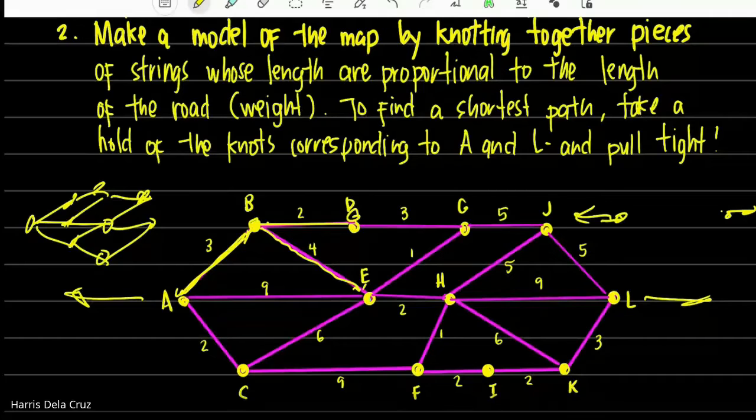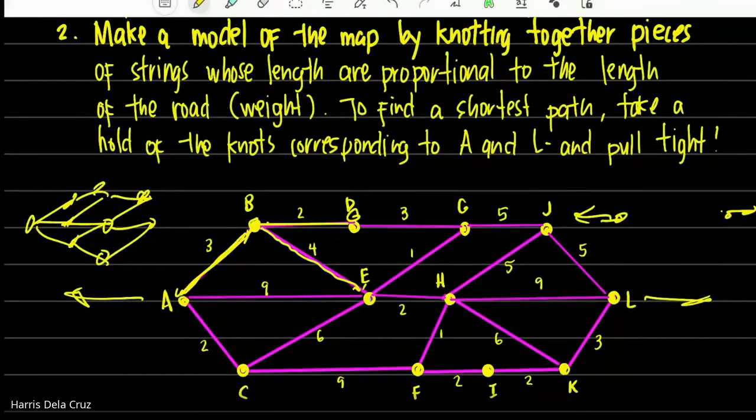But that's a very simple technique and it will give you the correct answer for as long as, syempre, at least proportional yung mga length ng string na gagamitin natin, di ba? So it's one way to imagine the shortest path. Syempre, kung masyadong mahaba yung ibang path, magiging loose yun pagka in-straighten mo na yung pinaka-string natin.